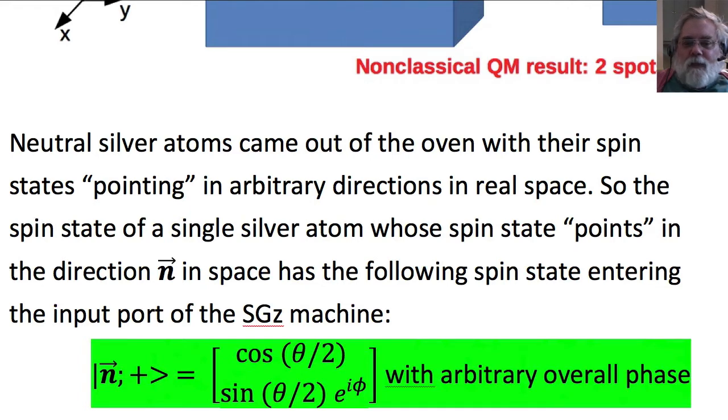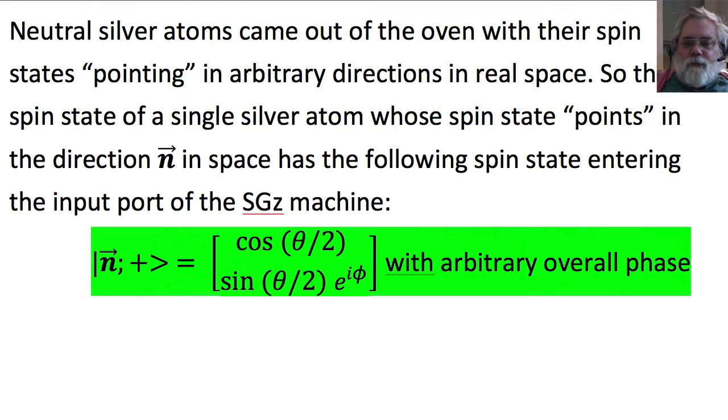So the spin state of a single silver atom whose spin state points in the direction n in space, n meaning polar angle theta with respect to the now fixed z-axis and azimuthal angle phi, has the following spin state entering into the input port of the SG machine.